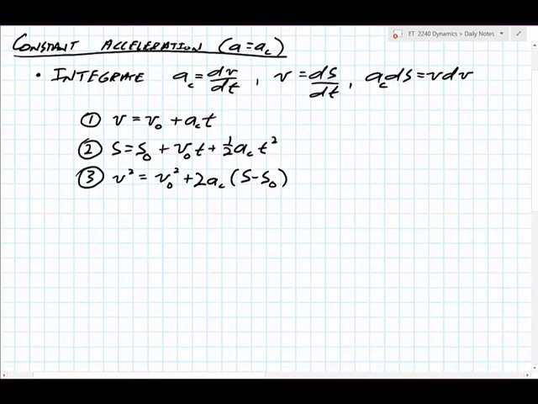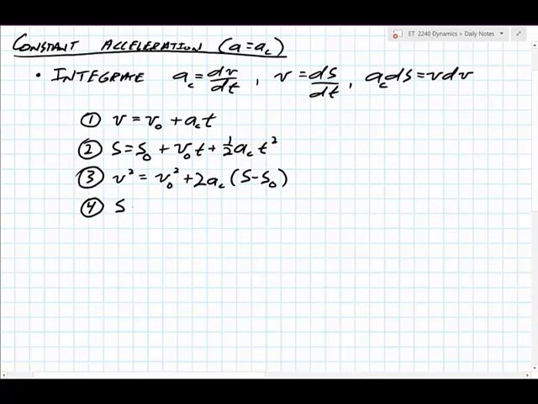And if you look, there's a number of variables here. We have position, we have our final velocity, we have initial velocity, we have acceleration, we have time. We can actually develop two more equations by using substitution, and those two equations would look like this.